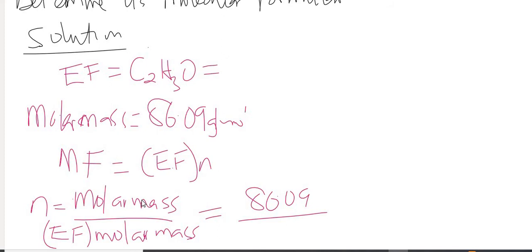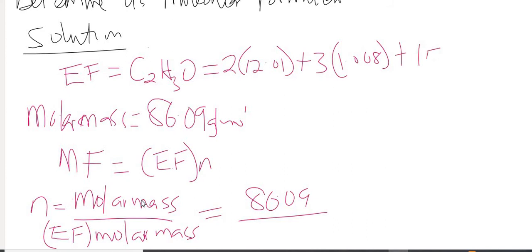We find it by saying we have two atoms of carbon, which is 2 times 12.01 from the periodic table, and 3 atoms of hydrogen, which is 1.008 from the periodic table, and we have oxygen, which is 15.99 grams.